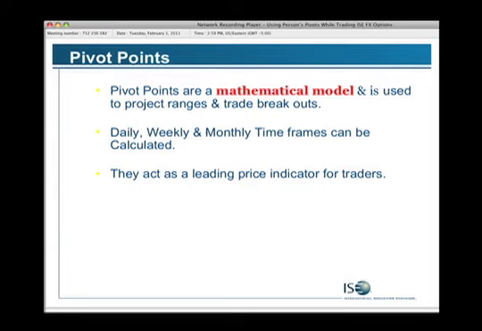And if you're not familiar with pivot points, they are a mathematical model. We use them to identify potential daily, weekly, and monthly ranges based on those time frames. And as I'll show you today, we like to use other calendar or other time frame events, namely option expiration dates.